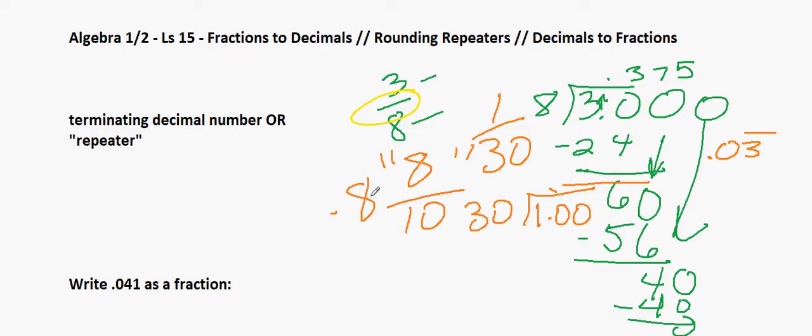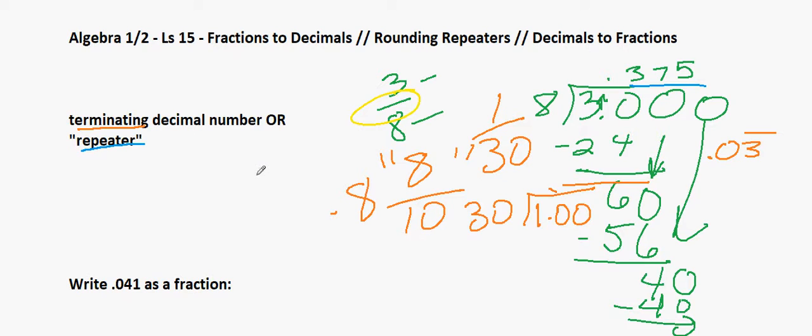To write a fraction of a whole number, we divide the denominator into the numerator to review. But the answer will always be either a terminating decimal number or a repeater. Now, what does that mean to terminate? Terminate means to end. So we can get a number like this one, where it ends, nothing repeats, it's all done, 375 is it.